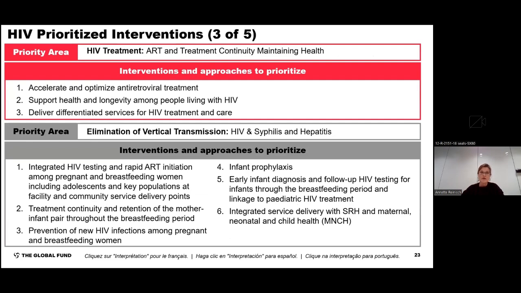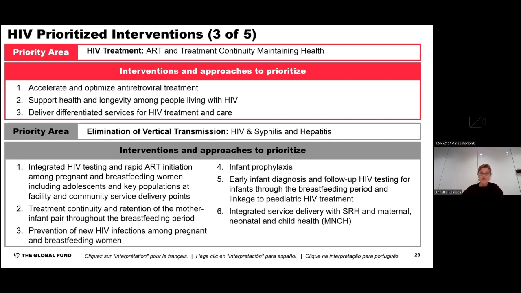HIV treatment. It covers accelerated and optimized ART using regimens that are recommended by the WHO. Increased access to routine viral load testing for treatment monitoring in facility and community service delivery settings. It covers differentiated services for HIV treatment and care.